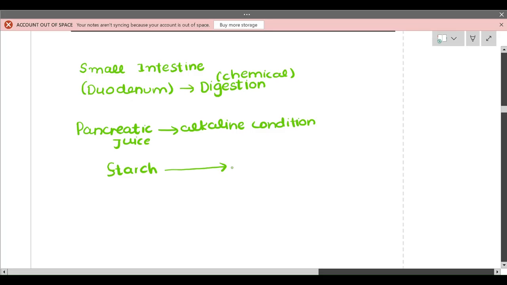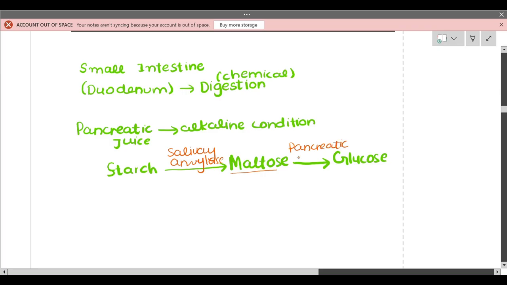Remember when we discussed digestion in mouth, one of the enzymes that was present there was salivary amylase, and salivary amylase converted the starch into maltose, and later the maltose, that was a disaccharide, would be converted into glucose by the action of pancreatic amylase.